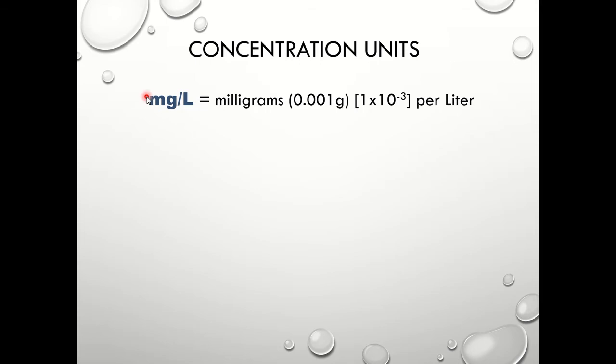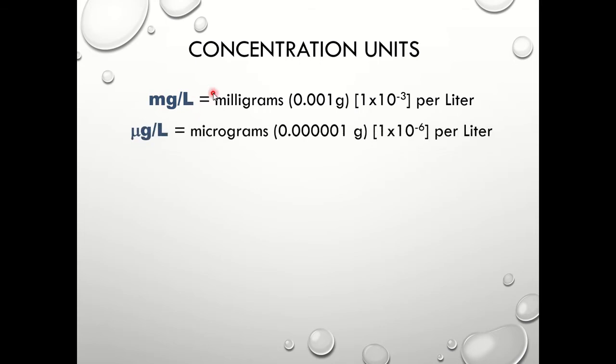Micrograms, the mu per liter, is 6 decimal places: 1, 2, 3, 4, 5, 6. These are concentrations of chemicals or contaminants in our water. This is how we measure it.